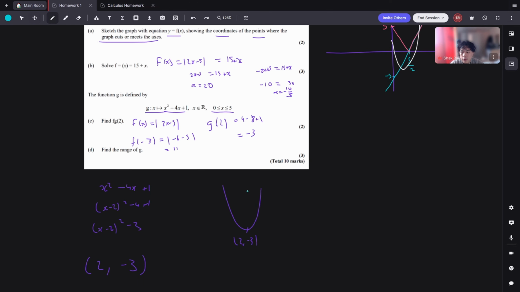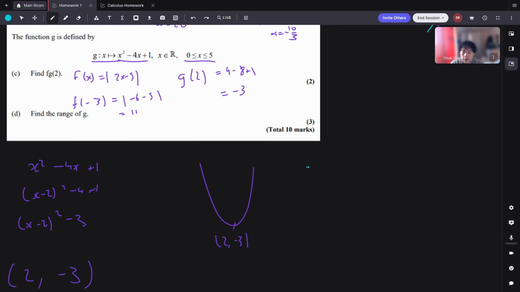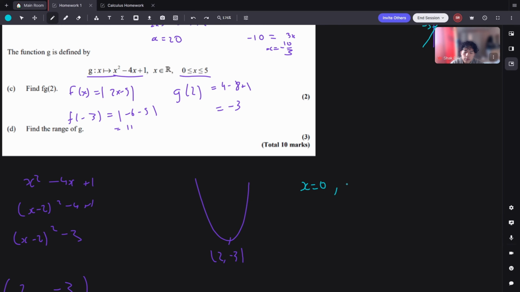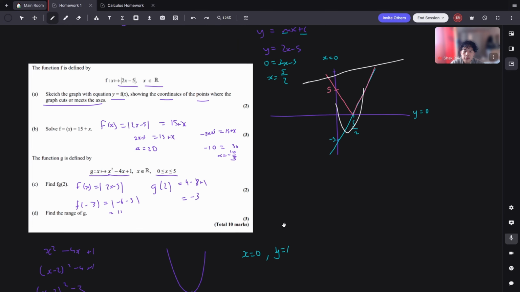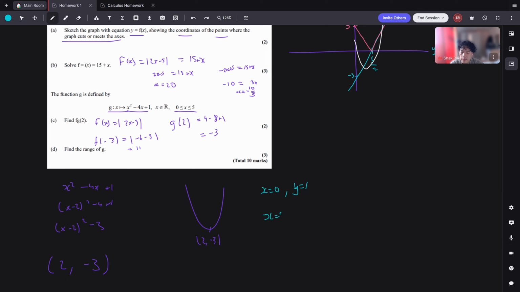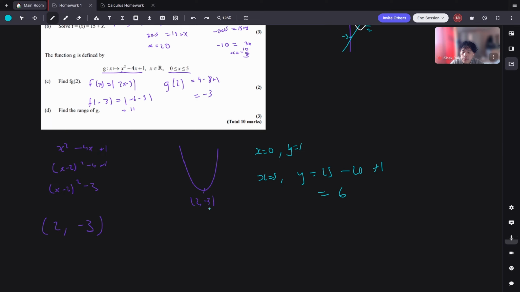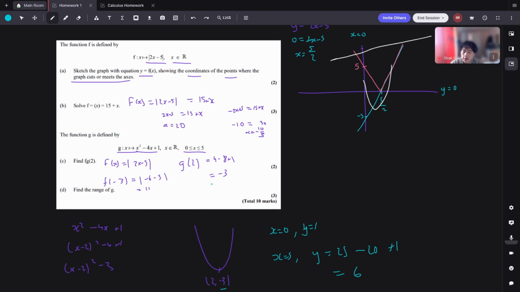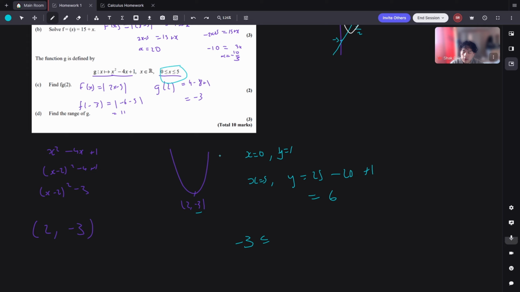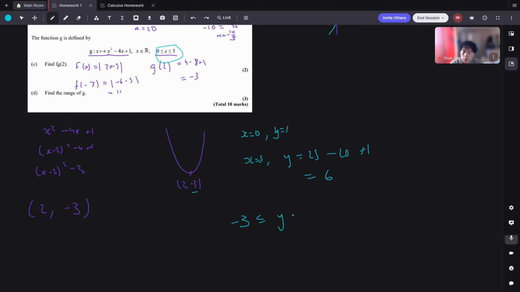When x equals 0, this equals 1, so y equals 1. So that's not very necessary. We need to find when x equals 5. When x equals 5, y equals 25 minus 20 plus 1, which equals 6. So the range would be minus 3 is less than or equal to y, which is less than or equal to 6.